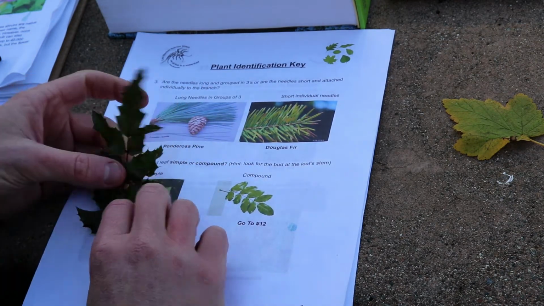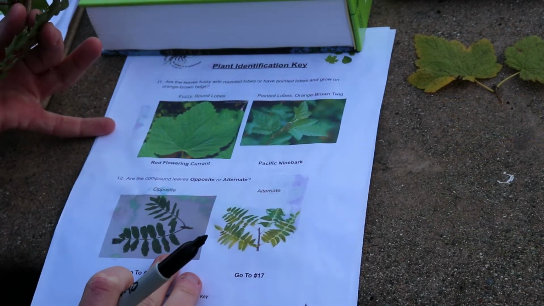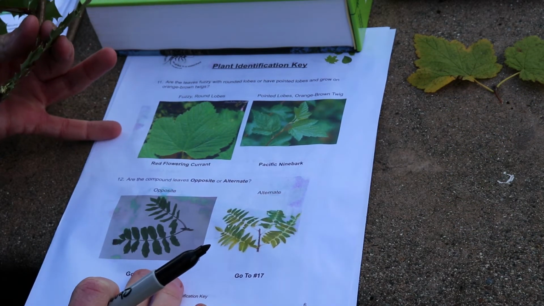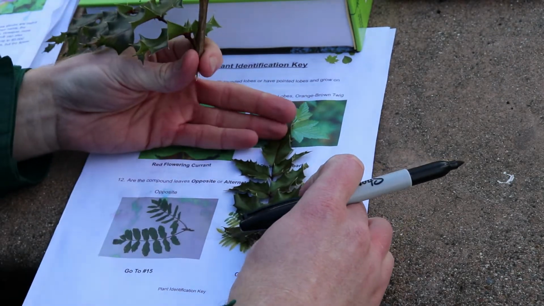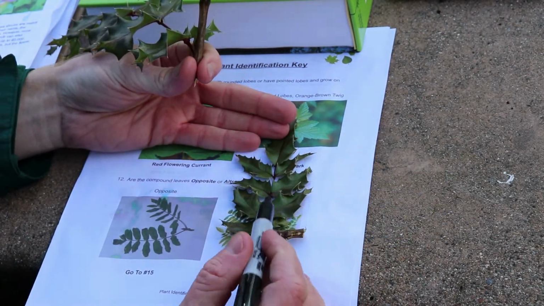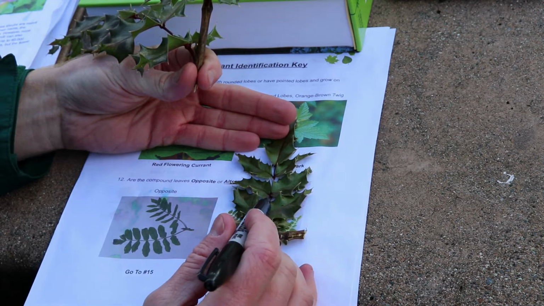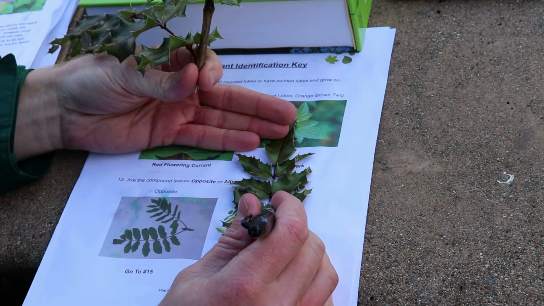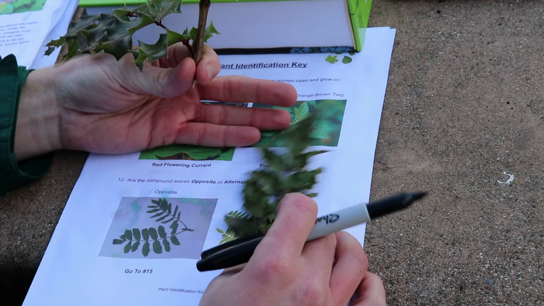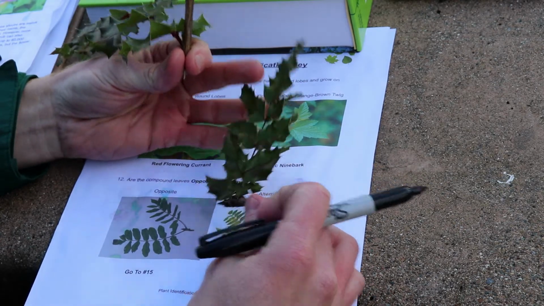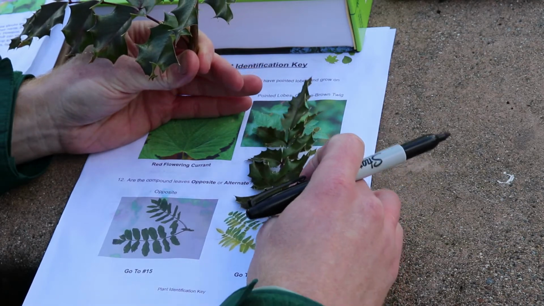So we'll go to number 12. Okay, so we'll move on to number 12. Are the compound leaves opposite or alternate? This one can be a little bit confusing for compound leaves, because remember, each of these are leaflets. They're not actually leaves, and so the leaflets are on opposite sides from each other. But we'll have to look at the larger plant and not our specimen to be able to tell if the leaves themselves are opposite.